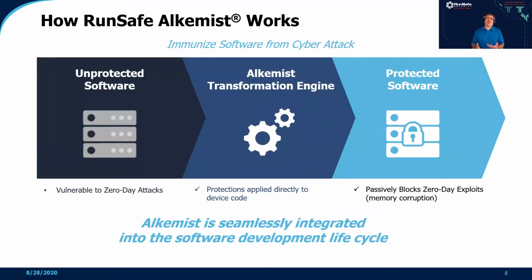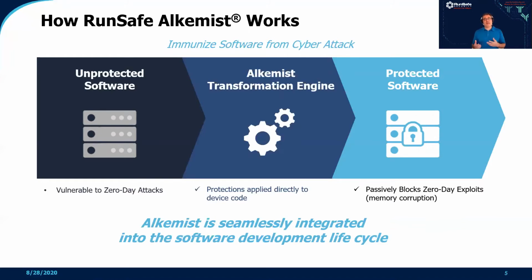So this is a depiction of our tool's automated nature. We're not going to need cyber expertise from your teams. What we need is their software expertise, their mission understanding. They're going to decide what source code, what compiled code to apply Alkemist to.